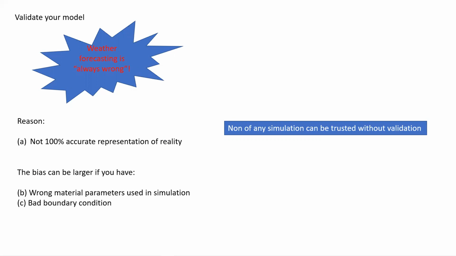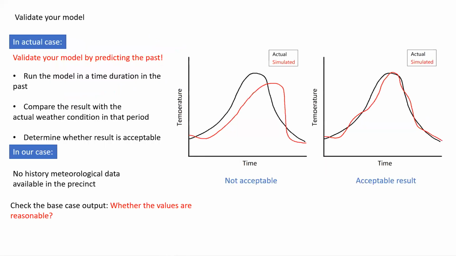There must be some differences between the real materials and your numerical materials, and there are differences between your boundary conditions and initial conditions. What you can do here is improve your model, make your model at least acceptable. So let me explain how we do that.